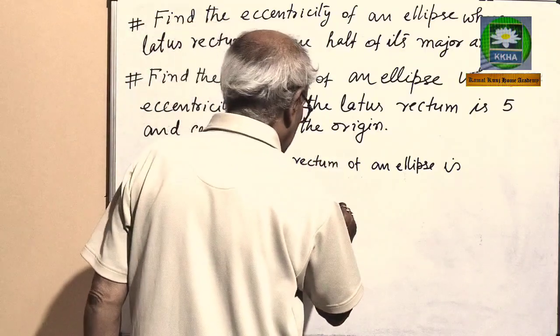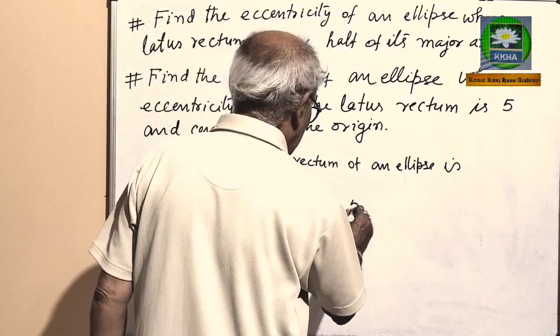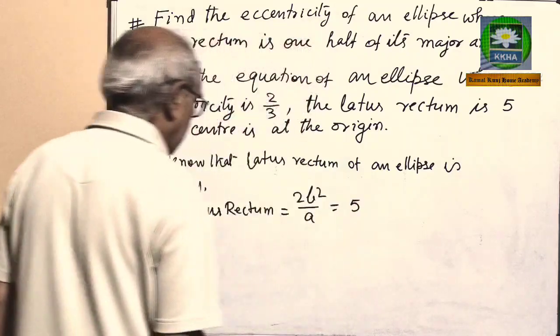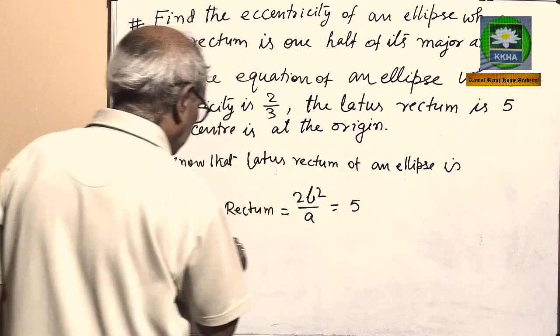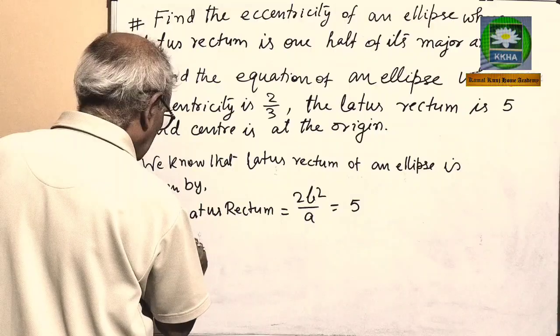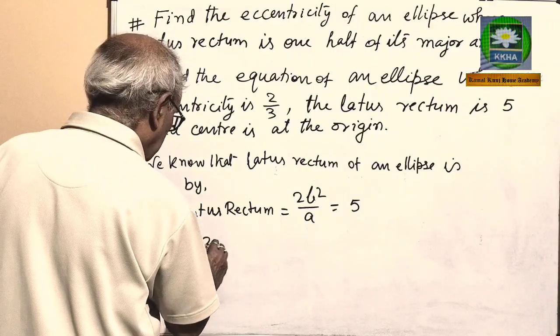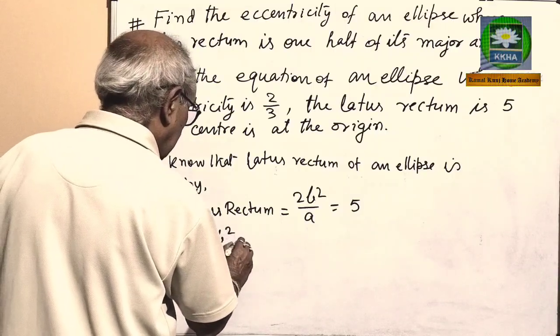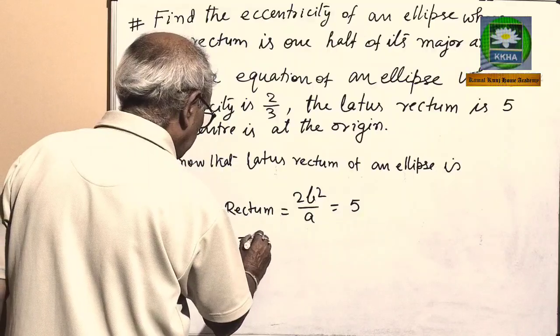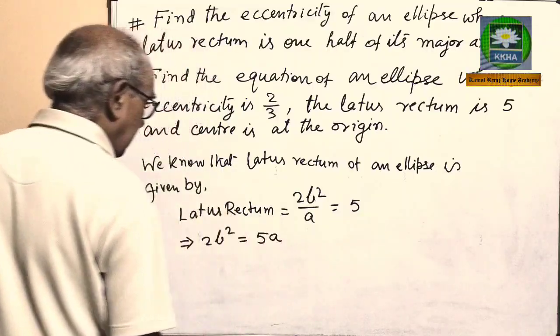It is given as 5 units. This implies that twice b square equals 5a.